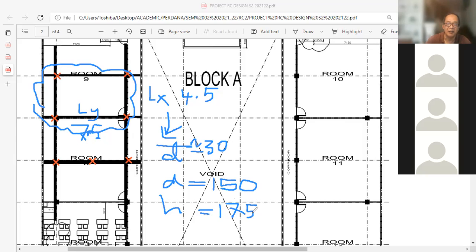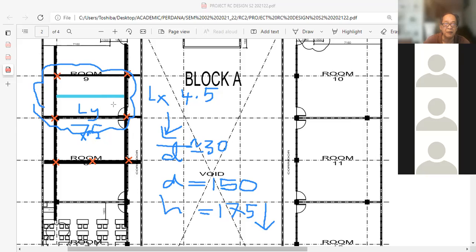Okay. Now if I want to reduce this thickness, say 175 is a bit on the high side. If you choose to reduce the thickness, what you can do is to introduce what is termed as our secondary beam here.